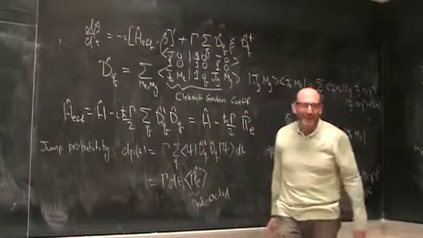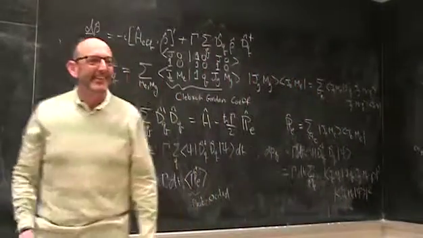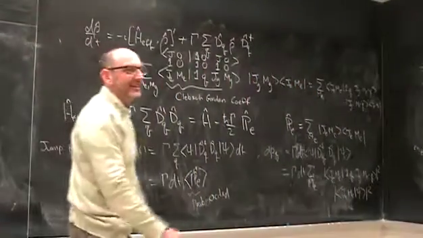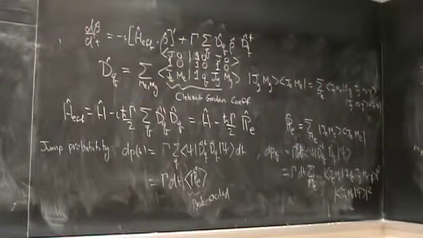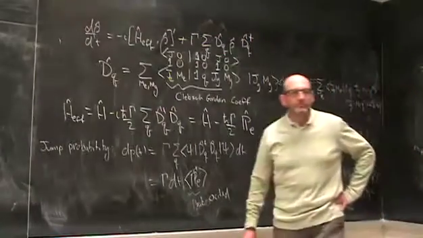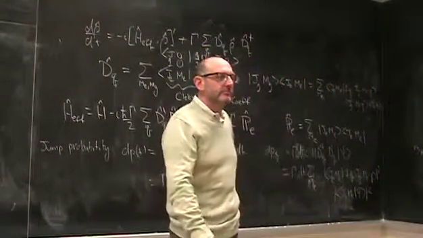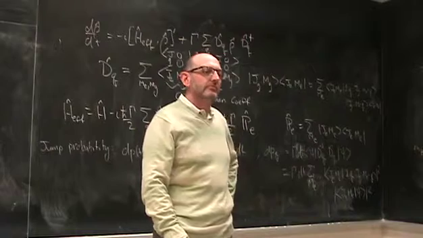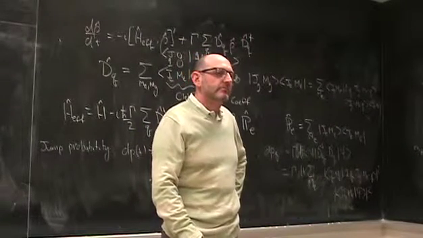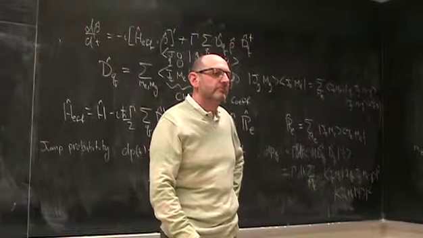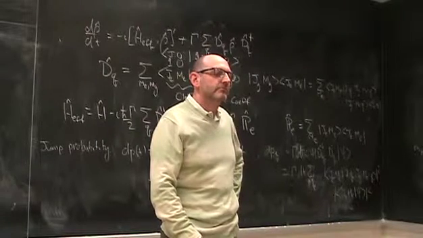And this has to do with this situation where you have two or three or maybe an even number of Clebsch-Gordan coefficients that cancel each other, that have opposite signs and equal magnitude.